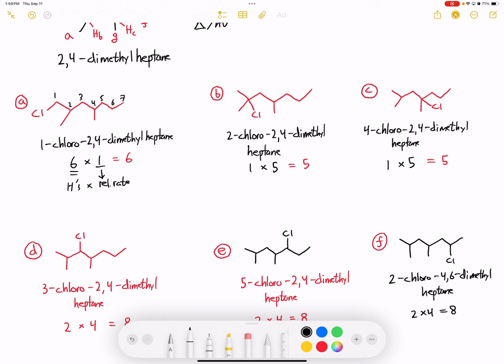So letter A, not 6 hydrogens, 6, that's the rate, okay? And the total sum of that is 46 times 100. All right, so the yield of this product is only 13%.